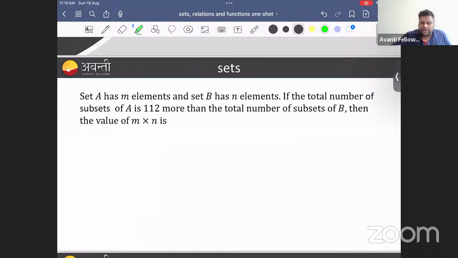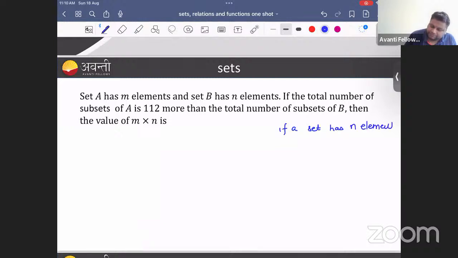Okay, I did not get any answer. So the theory point behind this question is, if a set has n elements, it will have a total of 2 to the power n subsets.